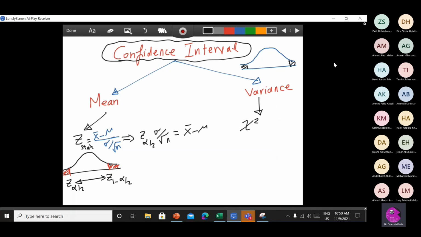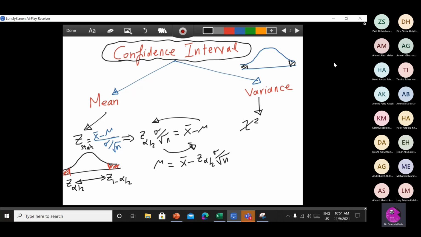I'm looking for mu, right? So I'll move this one to this side and this one to the other side. So mu will equal X bar minus Z alpha over 2 sigma over root n, right?